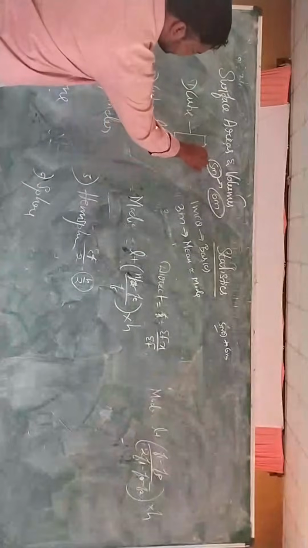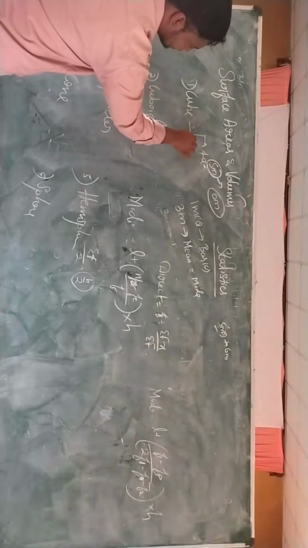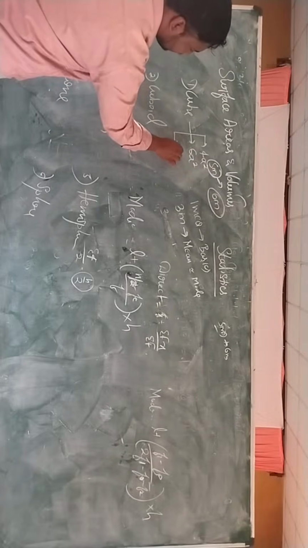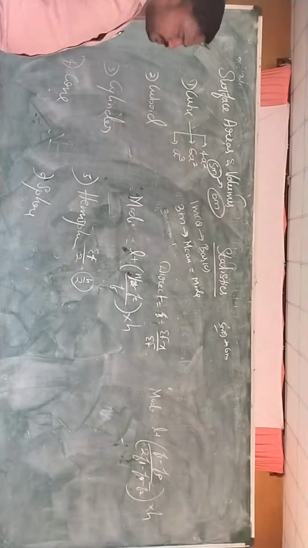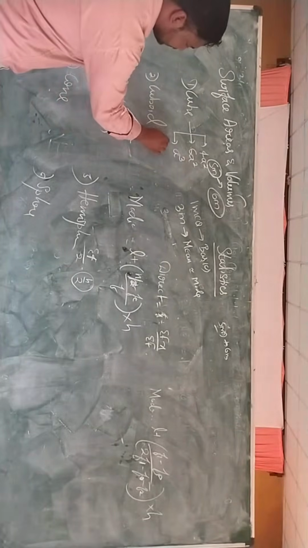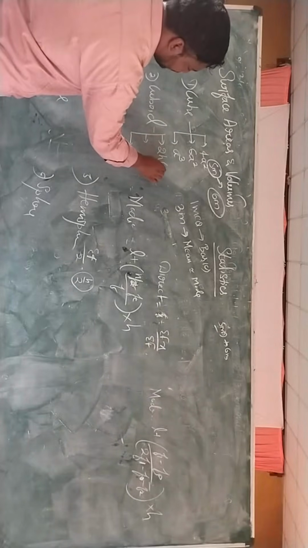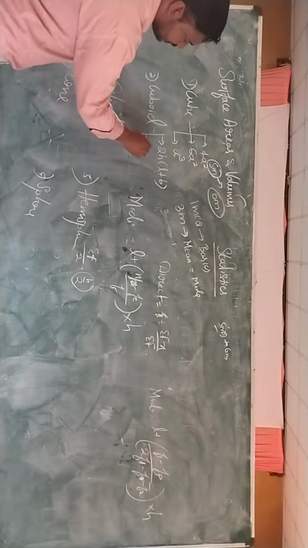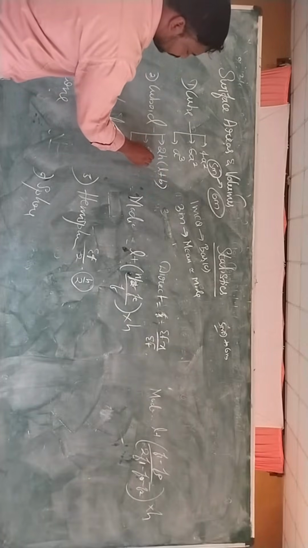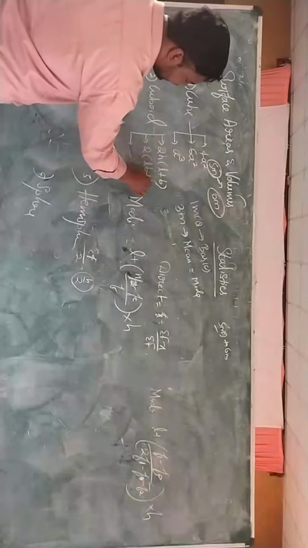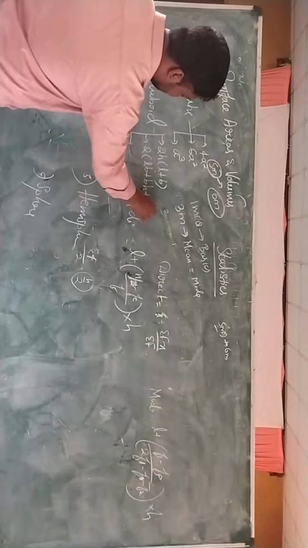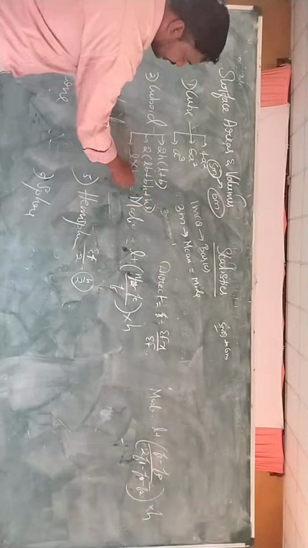Cube lateral surface area, 4a square. Total surface area 6a square. Cuboid, lateral surface area 2h into (l plus b). Total surface area 2 into (lb plus bh plus hl). And volume l into b into h.